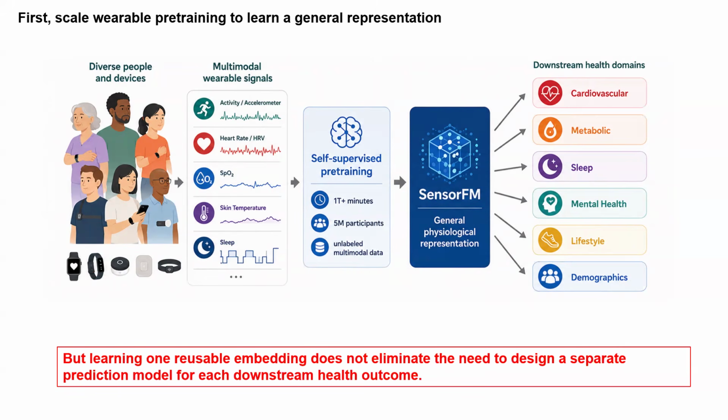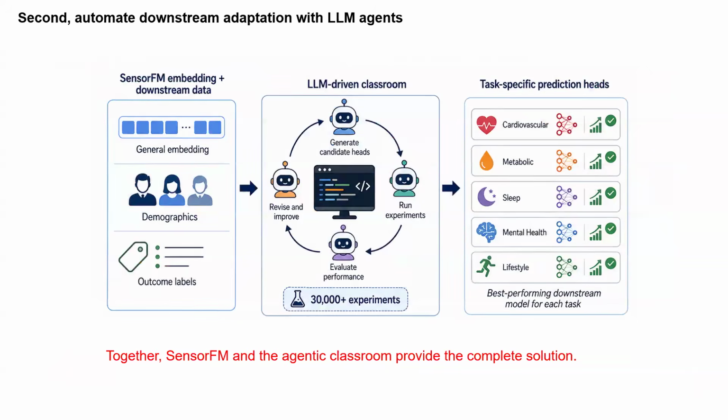But the issue still remains that learning one reusable embedding doesn't eliminate the need to design a separate prediction model for each downstream health outcome. To answer that, they also automate the downstream adaptation with LLM agents.